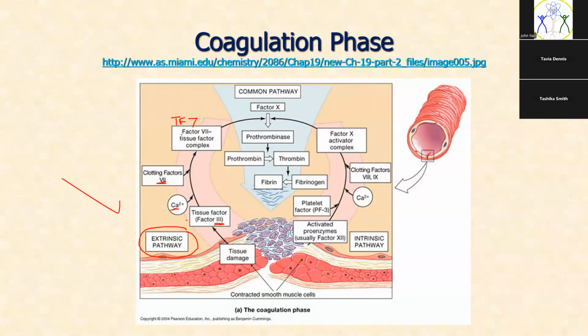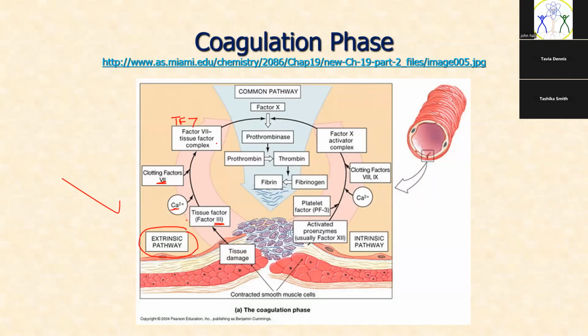Right? So your TF7 complex now is going to activate something called factor 10. And factor 10 leads into your common pathway. Okay? So this should be nice and easy to remember. Extrinsic pathway, you get damage to the tissue first. You release factor 3.